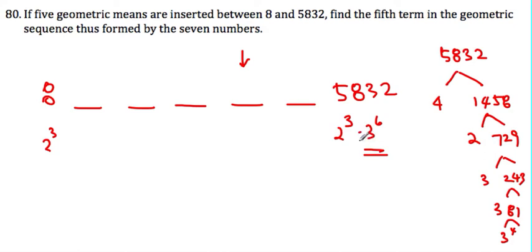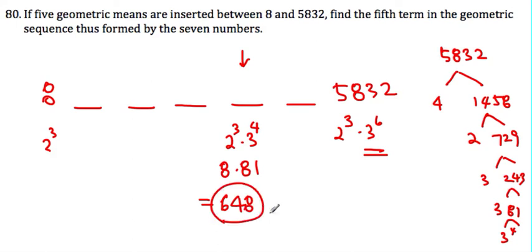So in fact, if you multiply by 3 each time, then the fifth term would have been 2 to the 3rd power times 3 to the 4th power. That would be our answer. Now let's see what that value is. This becomes 81 times 8. So in this case, our answer becomes 648. That becomes our final answer.